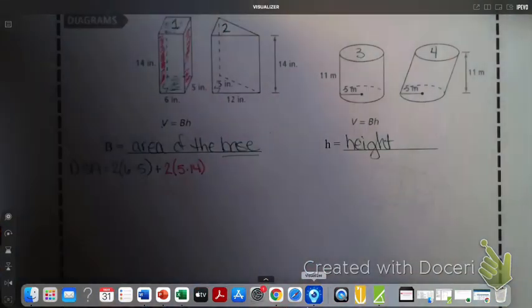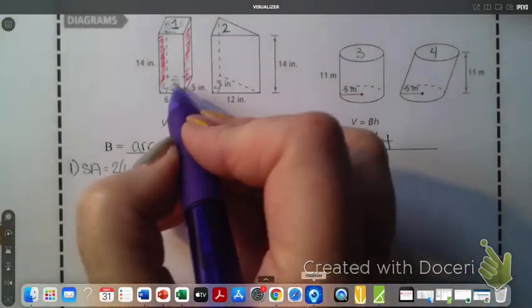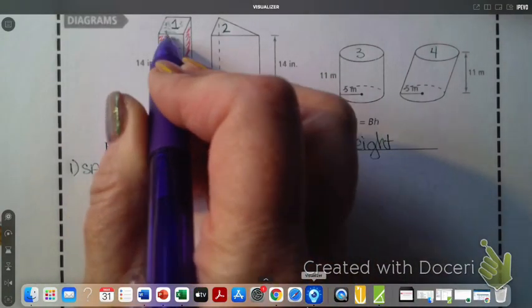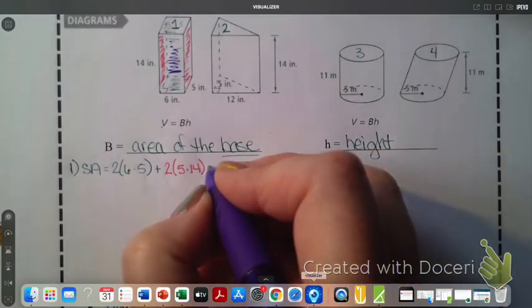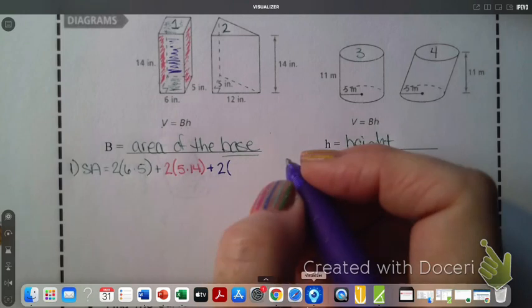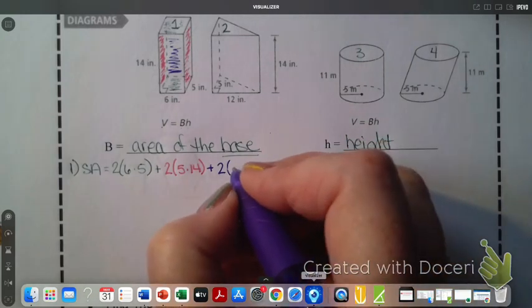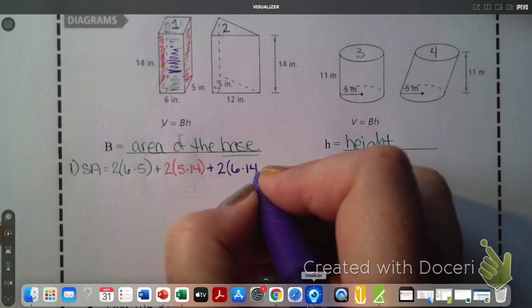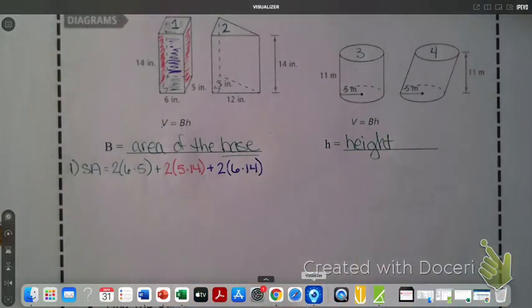And then I got another piece that's in the front, but it is also in the what? Back. So it's both. So there are how many of them? 2. And its length and width are what? 14 and 6. Does it matter which one I put first? No, it doesn't matter.